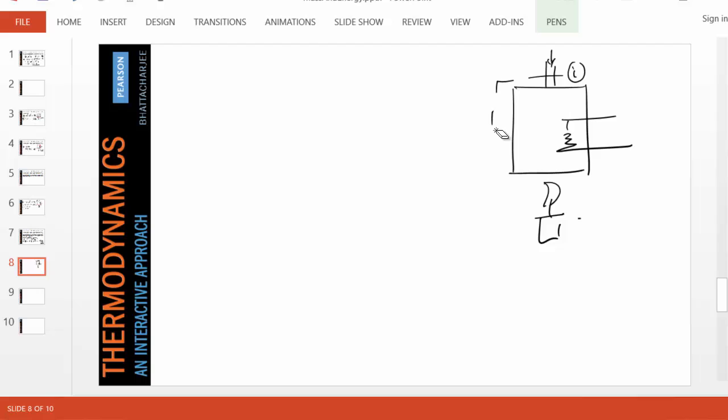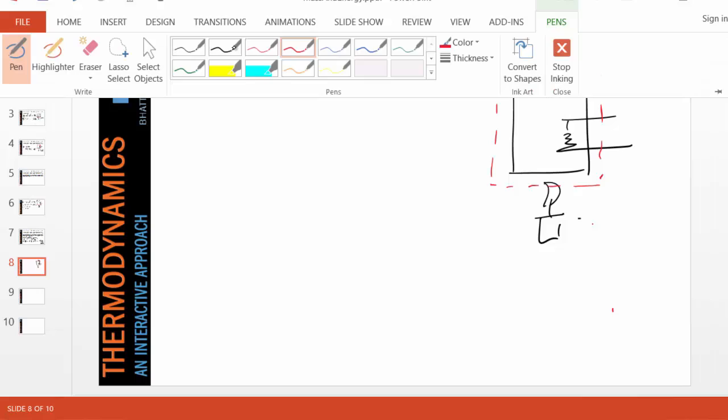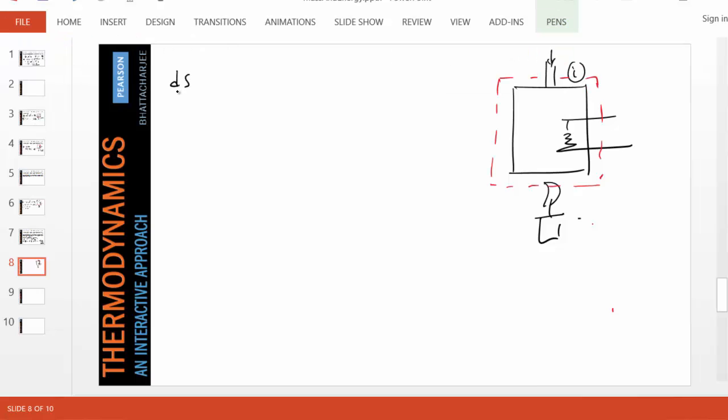Again, we'll do a system-universe boundary, a boundary that goes through the surroundings. So what will dS/dt be like? The rate of change of entropy will be m dot i s_i minus m dot e s_e, of course there is nothing going out, plus Q dot over T boundary plus S dot gen universe.